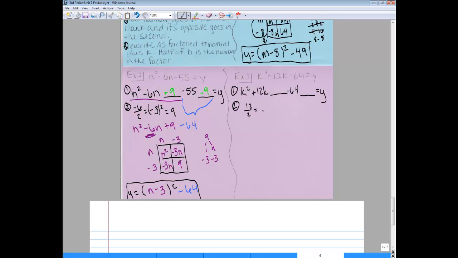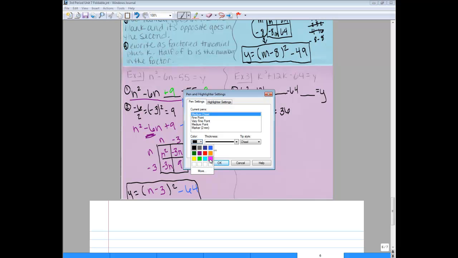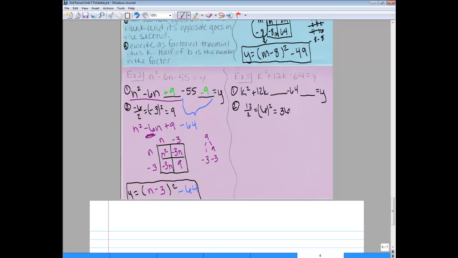There is really no formula. So that's 6. And then you just have to remember that whatever that answer is, you have to square it. And 6 squared is 36. So that 36 now goes here. So it is now plus 36 and minus 36.